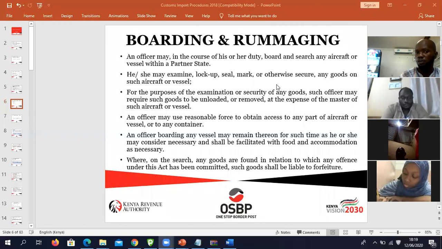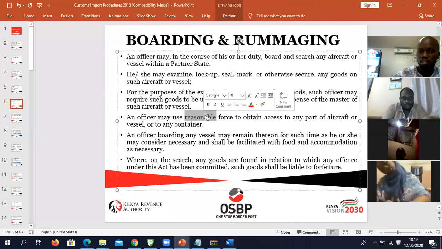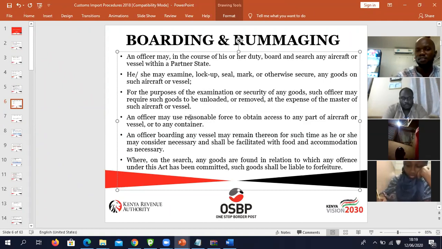Then next point, an officer may use reasonable force to obtain access to any part of the aircraft or vessel, to any container. And this should be reasonable force. Reasonable force, I think, would deter the individuals who may want to abuse this, isn't it?